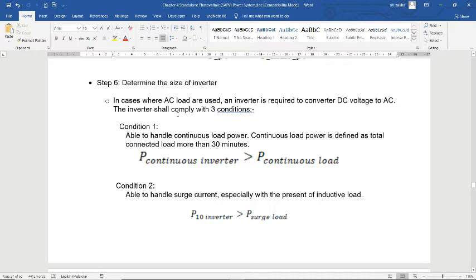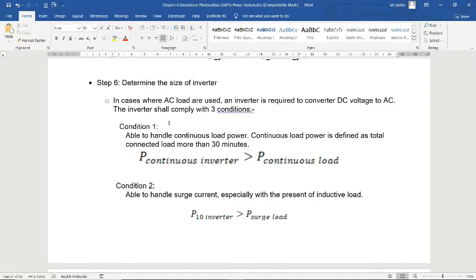Condition number 1, able to handle continuous load power. P continuous load. Continuous load power is defined as total connected load more than 30 minutes. So P continuous inverter should be greater than P continuous load more than 30 minutes.